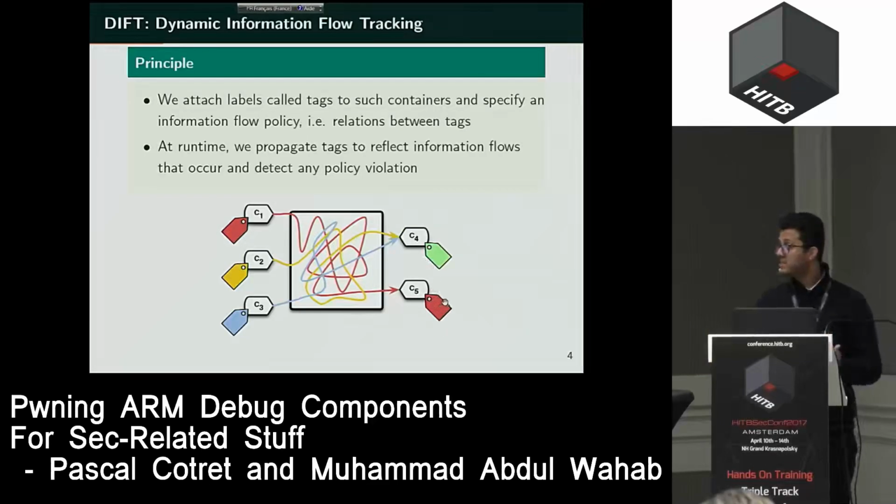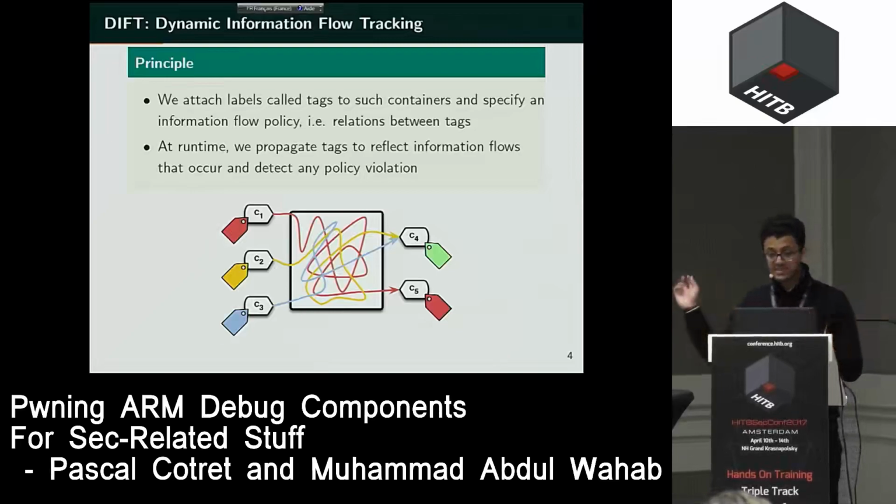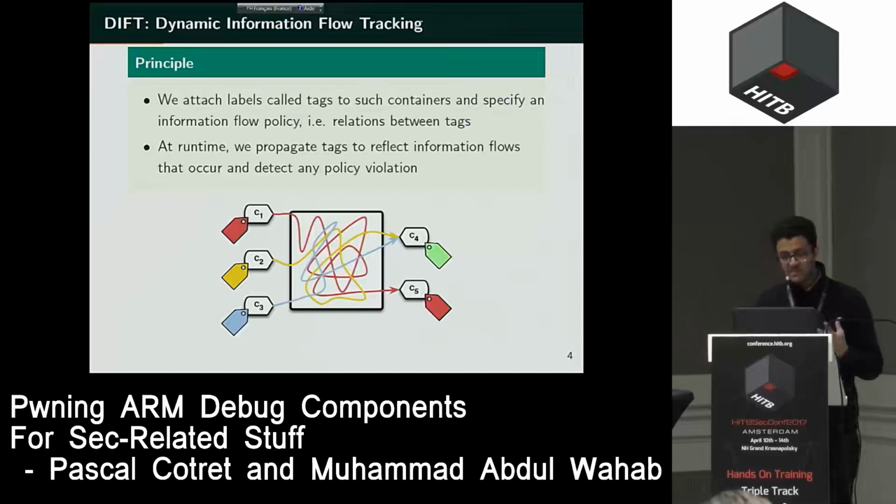C5 is tagged red because it contains information that comes from C1. C4 is tagged green because it contains information flows that come from C2 and C3, which were tagged yellow and blue. So this is how we get the green tag. The idea is to monitor the information flows during program execution and check for security policy violations.